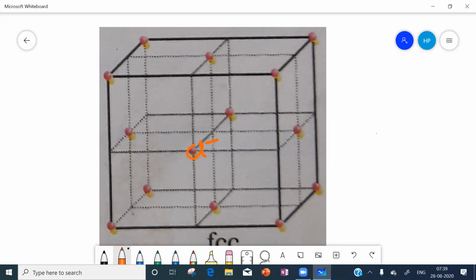Its nearest neighbor is Na plus. Its nearest neighbor edge center Na plus, edge center Na plus, edge center Na plus, and body center Na plus. Next we will continue here.